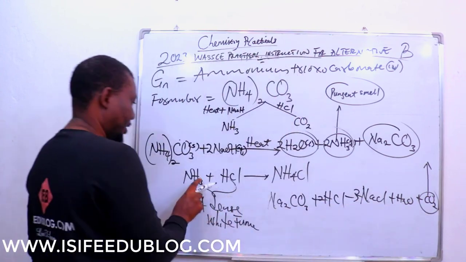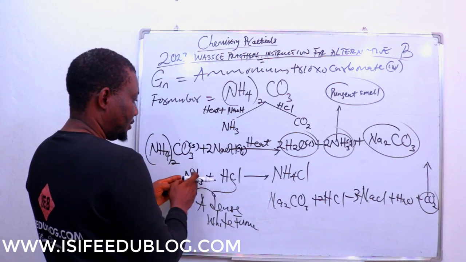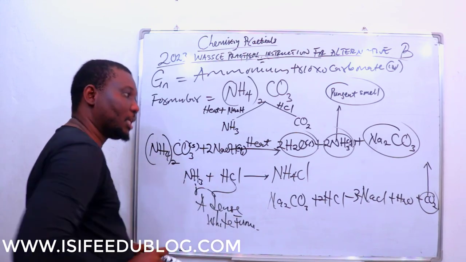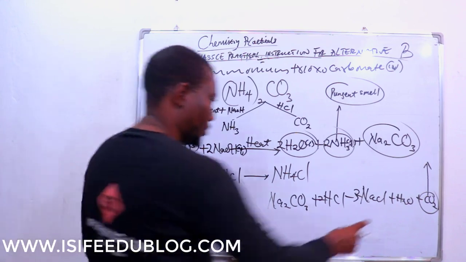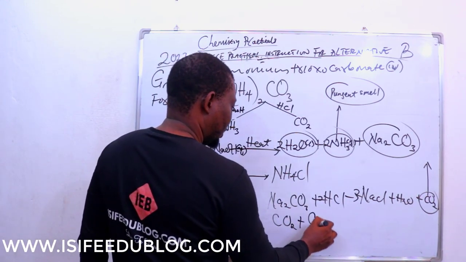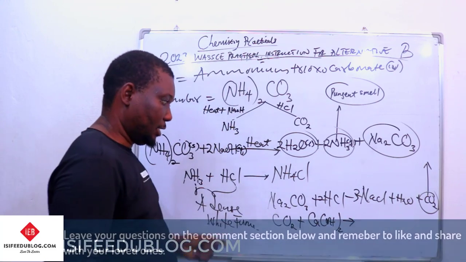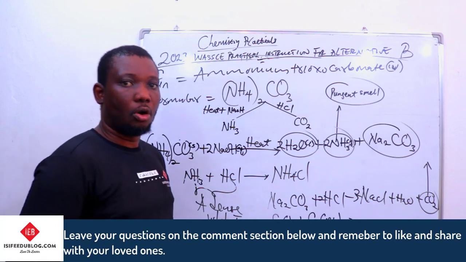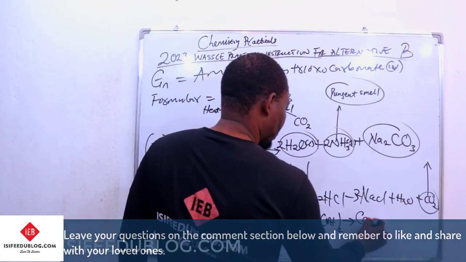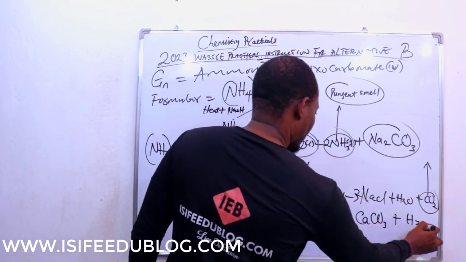Just like we confirmed here that this gas is ammonia by passing the gas over HCl, how then do you confirm this gas? We confirm it by reacting with lime water, calcium hydroxide, which is colorless. The moment we see a cloudiness or milkiness appearing, that milkiness is due to the formation of calcium carbonate plus water.